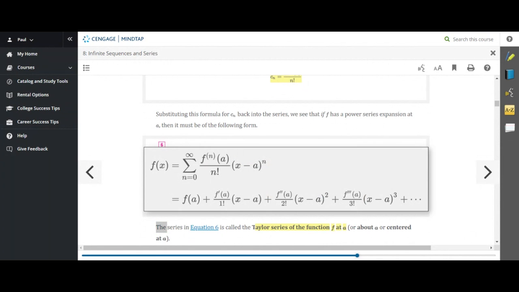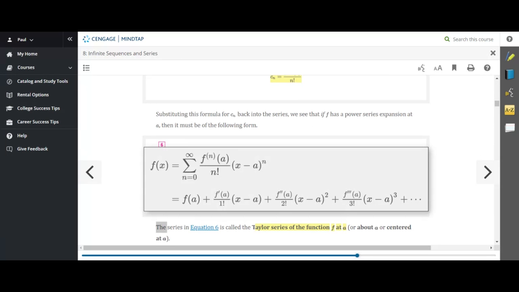The series in equation 6 is called the Taylor series of the function f at x equals a, or about a, or centered at a. When we have a Taylor series, we have to identify what value of a we are expanding the Taylor series about. Are there any questions before I move forward here? We're going to get to a few examples for sure.